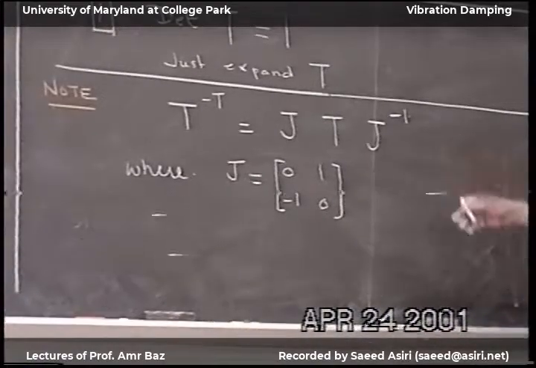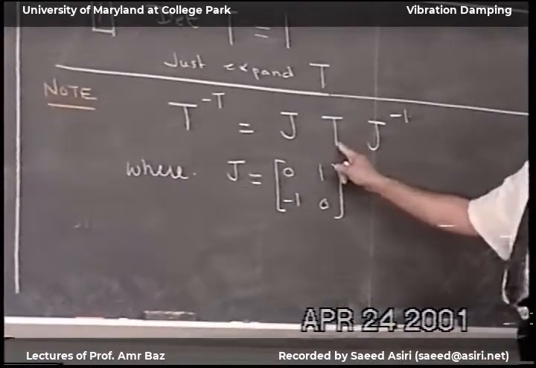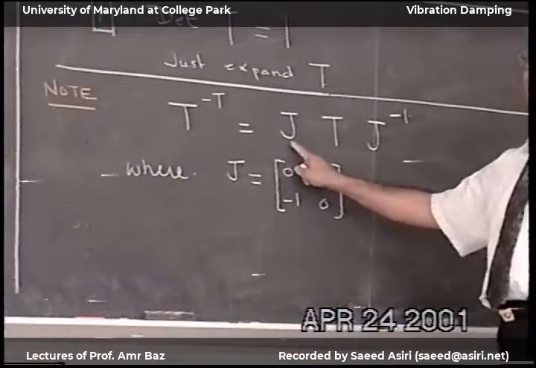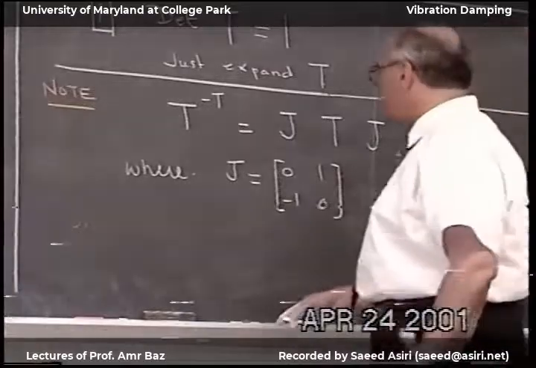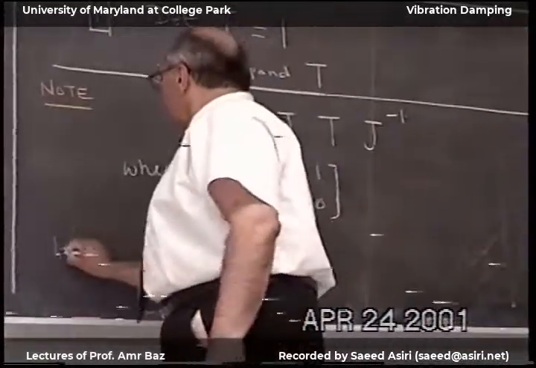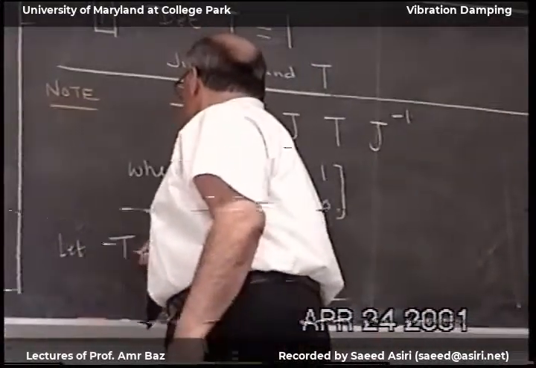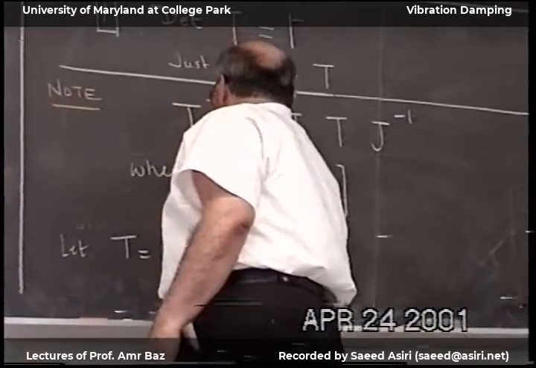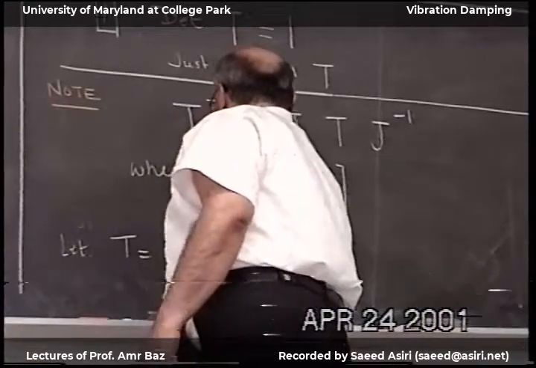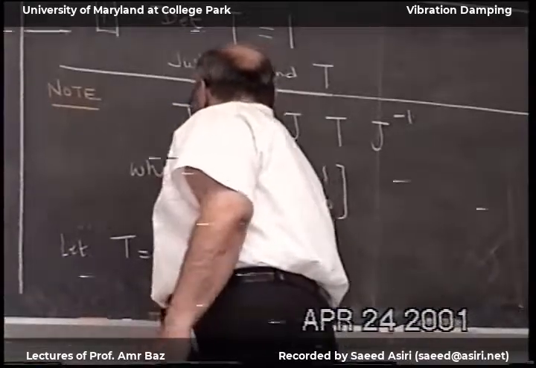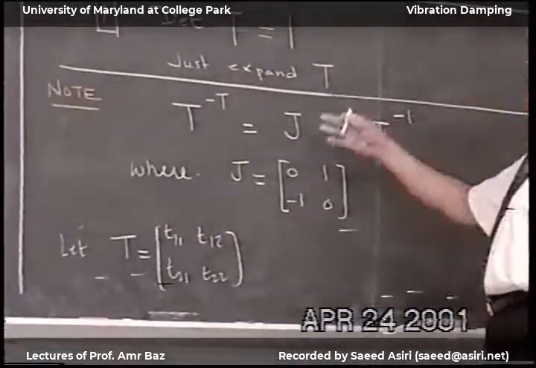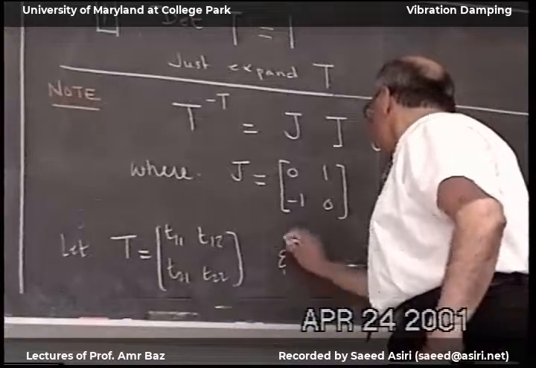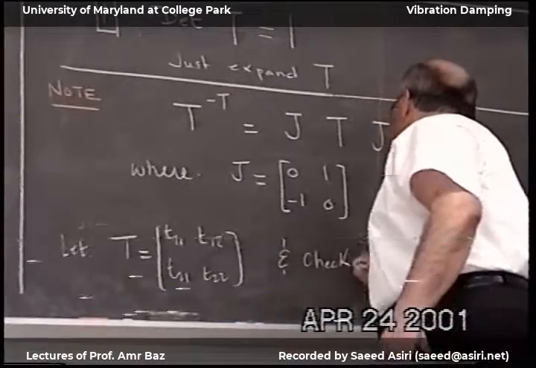The proof is very easy. You just take the T, multiply it by these two, and then you can prove this is equal to this. And the easy way of doing it, we'll say here, let T be equal to this, and then just perform, check the above identity.